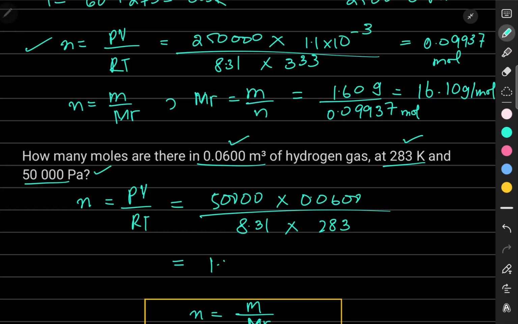That's 1.275 and so on. So now this is my final answer, so I can round it off. So I'm going to round it off to 1.278 moles.